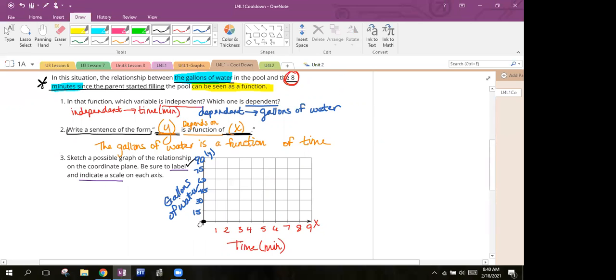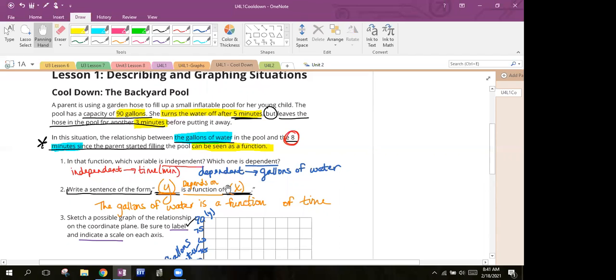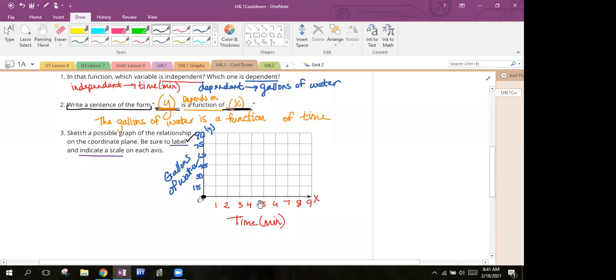Then we're filling it up, and after 5 minutes, she turns the water off. So when I'm at 5 minutes right here, how many gallons of water needs to be in the pool? 90. So I have to connect this dot down here to this dot up here.